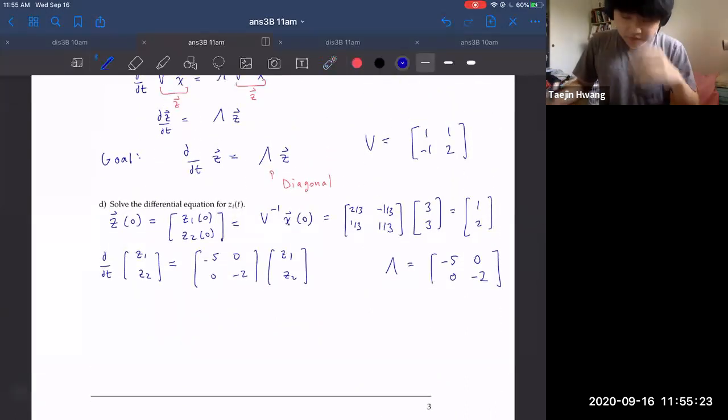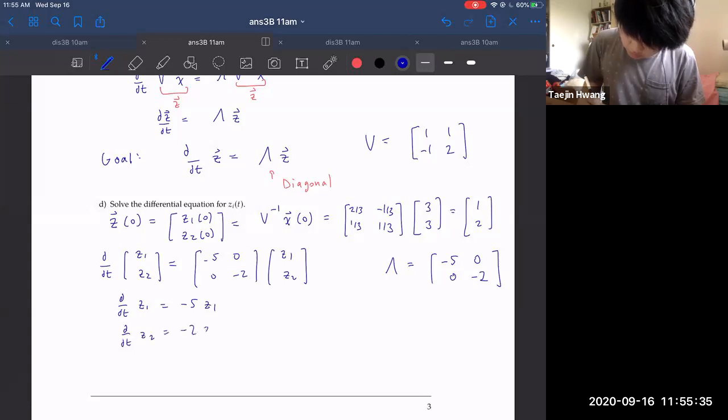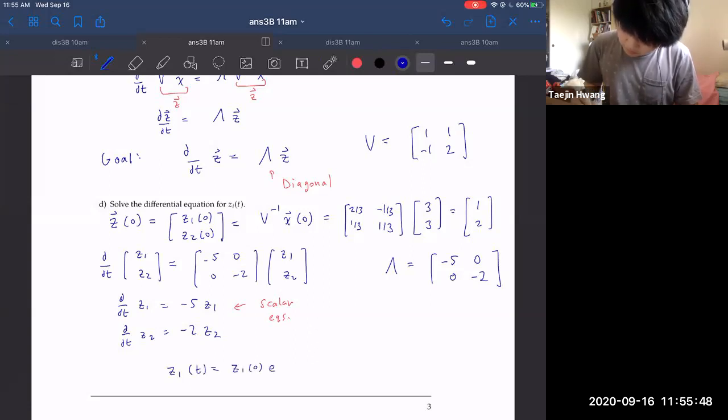Anyway, if we look at the individual differential equations here, notice these are scalar equations, but to solve these, you would need the initial conditions in terms of z. And remember the solution is like e to the lambda t.